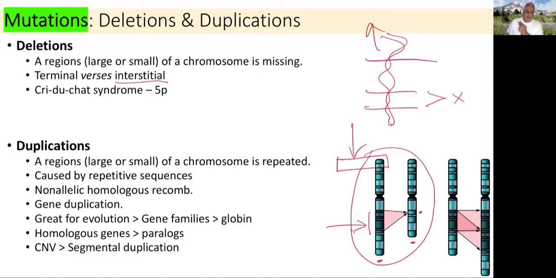Just to finish off this quick section, one of the most commonly cited genetic mutations when it comes to deletions in most resources is a syndrome called cri de chat. Cri de chat, it's a French term. It means cry of the cat. So when these infants are first born, you can identify this particular syndrome by the sound coming from the newborn.